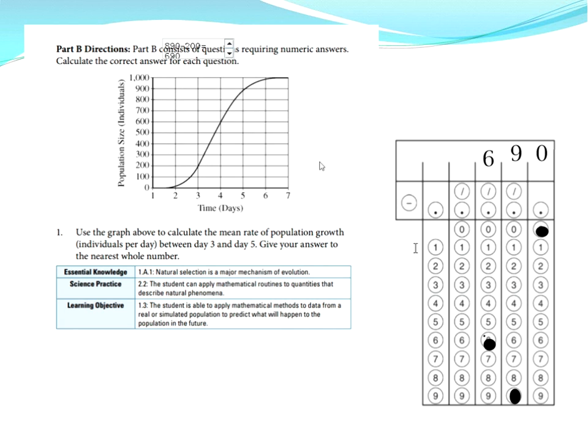I just finished the recording on the ecology review, and I just noticed that I made a big mistake on this question about the population growth. We not only have to look at the change in the numbers, so this would be my change in number of individuals here. So this is the change in population number.